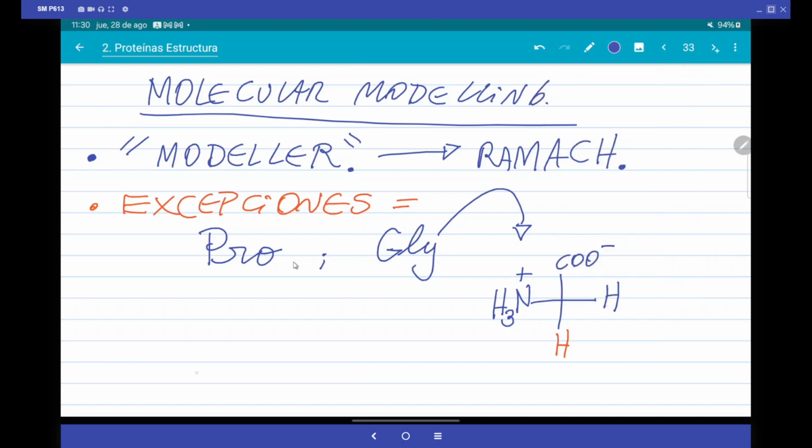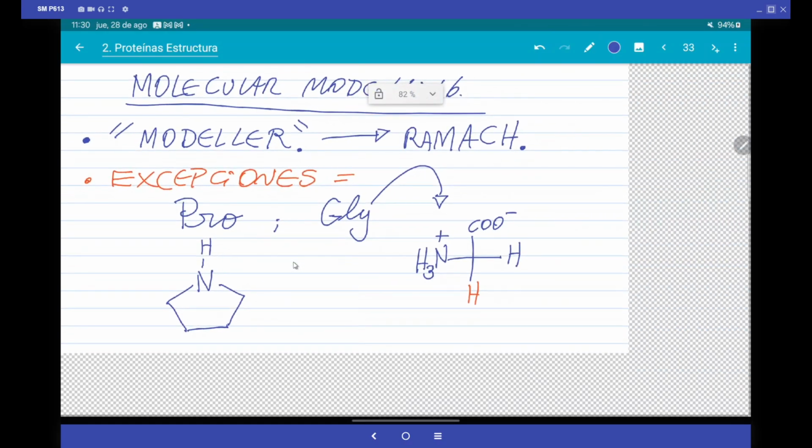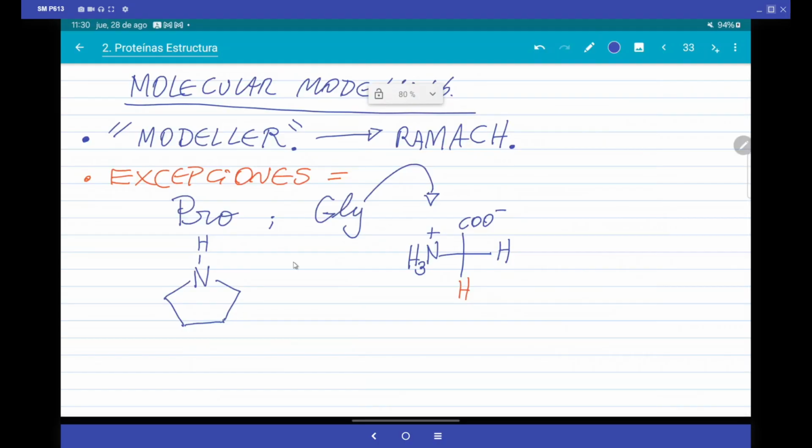What is the cycle called? Where is the nitrogen? Pyridine, pyrrole, or pyrrolidine? Aromatic? Yes. This is pyrrolidine. Pyrrolidine is non-aromatic.